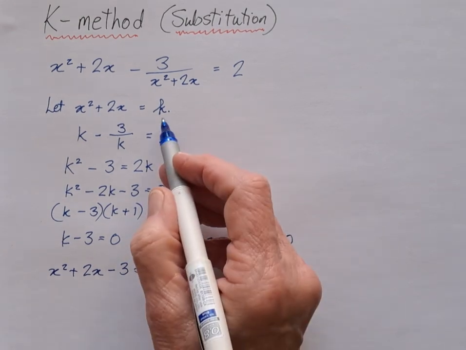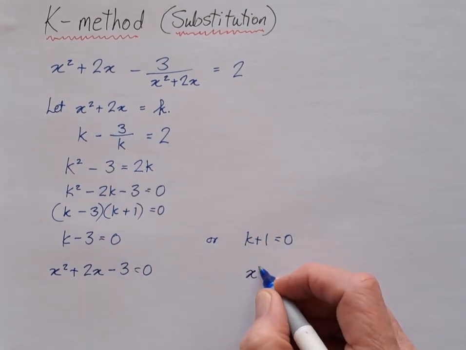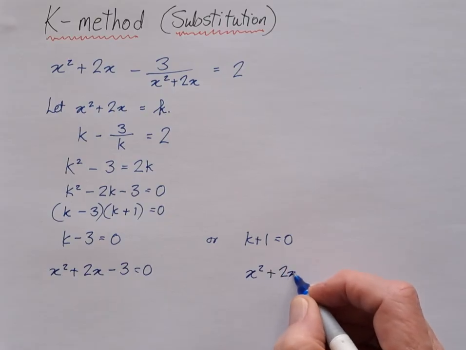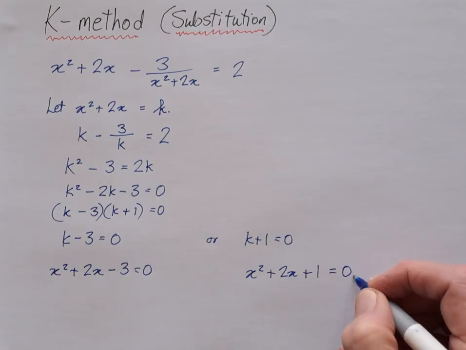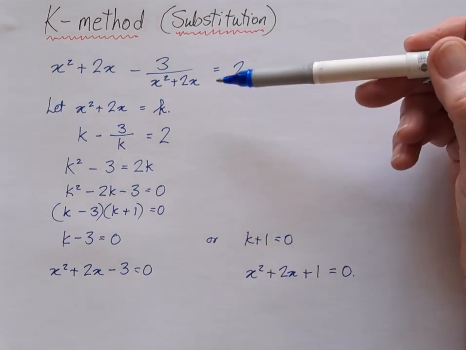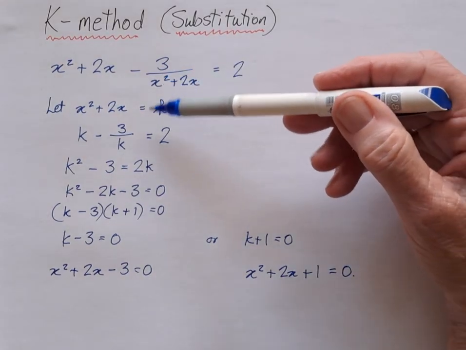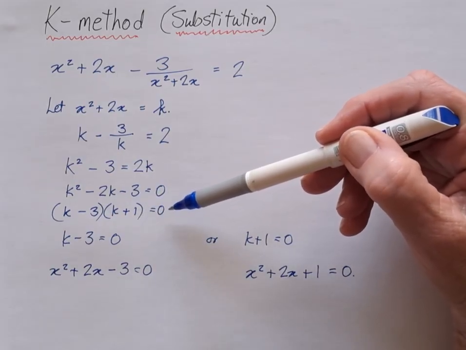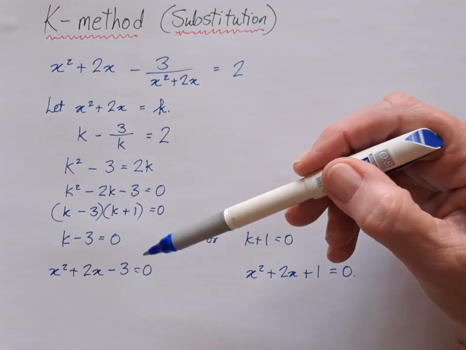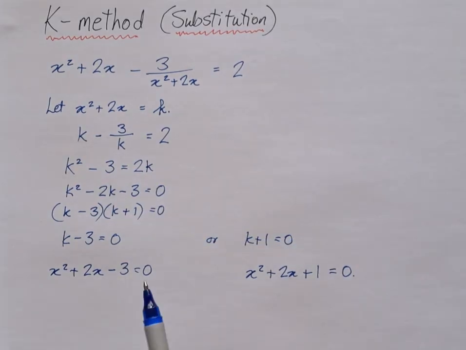Instead of K, I'm going to write that, and then I still have plus 1 equals 0. So what's happened with the K method is when I've used K to work out a quadratic equation in K, then when I substitute the x's back in, I end up with 2 quadratic equations, which means I could get 2 answers here and 2 answers there. So I could end up with 4 answers. Let's see what's going to happen.